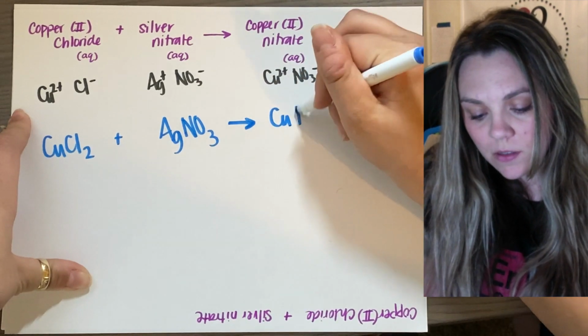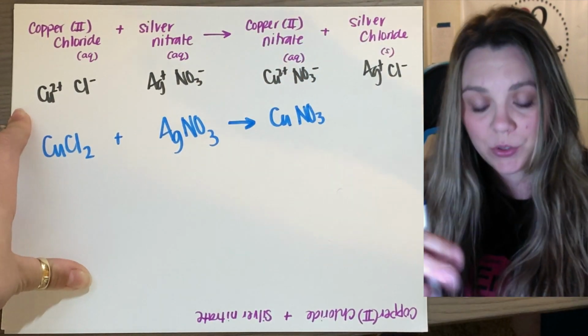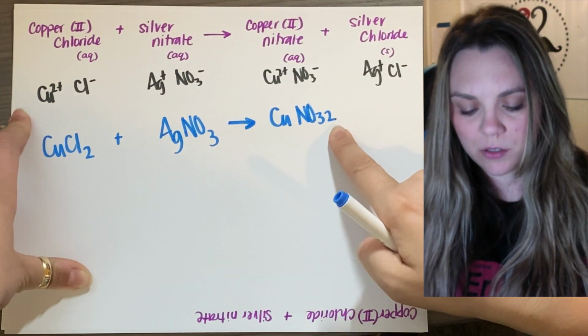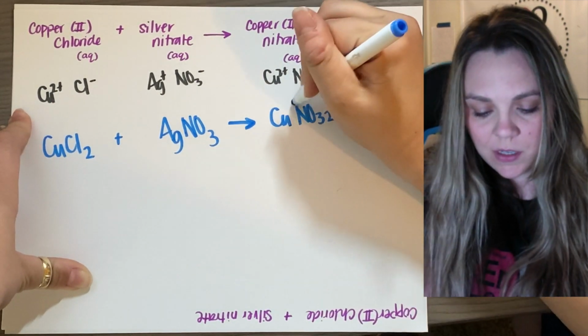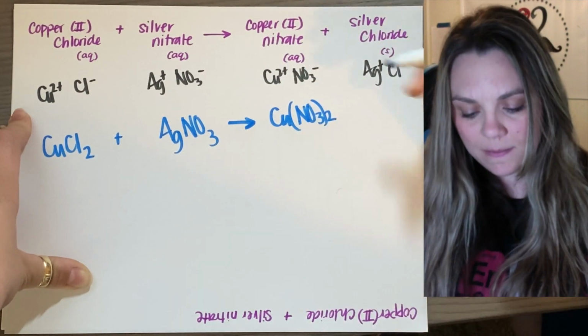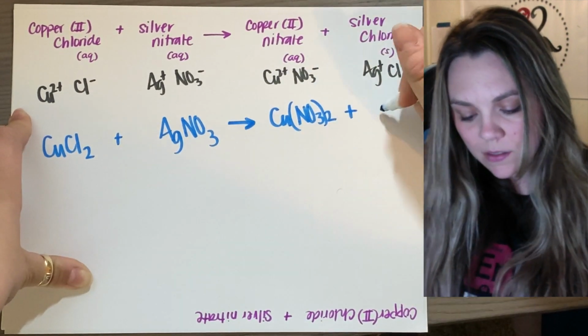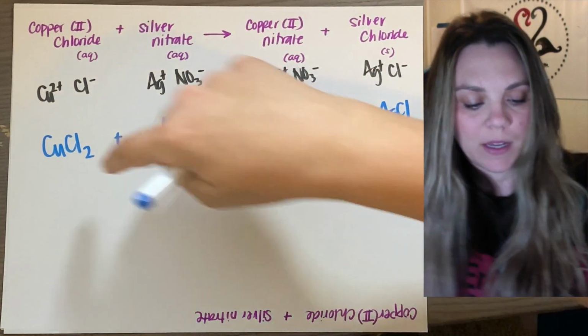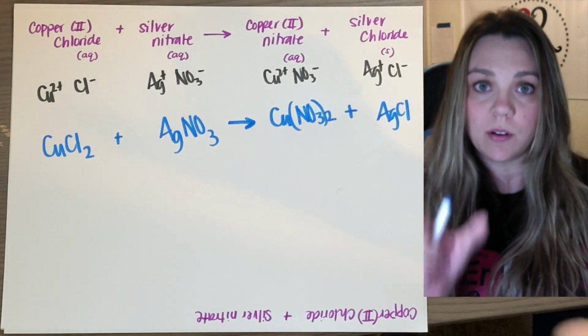So Cu(NO3)2, and I need 2 nitrates, so make sure you don't just put 2, otherwise you're saying you need 32 oxygens. That's not what you want. So put parentheses around your nitrates, so you're saying you need 2 nitrates, okay? Plus AgCl. It's 1 to 1, okay? So now I have my correct actual chemical compounds.